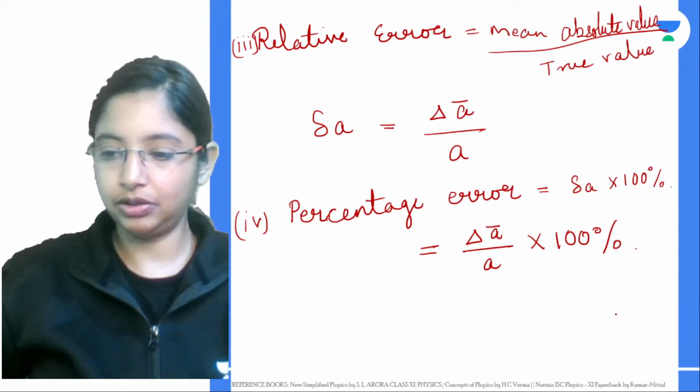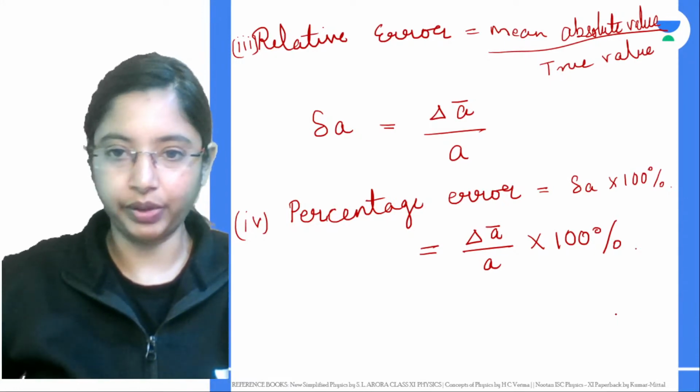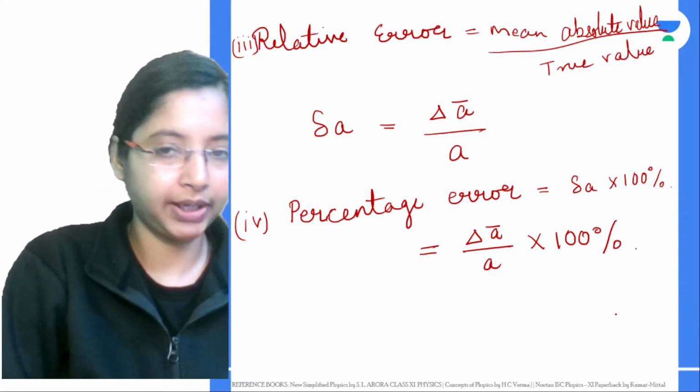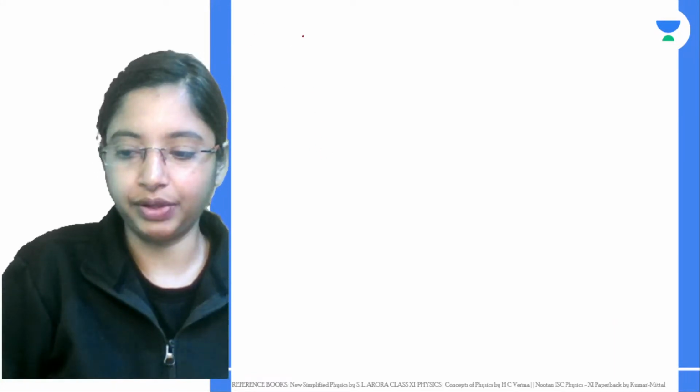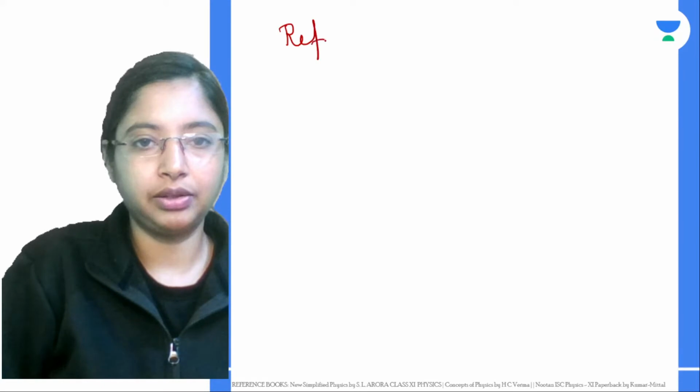On this note, let's try and do one question. Let's do one numerical. Let's say you're trying to find the refractive index of a glass.